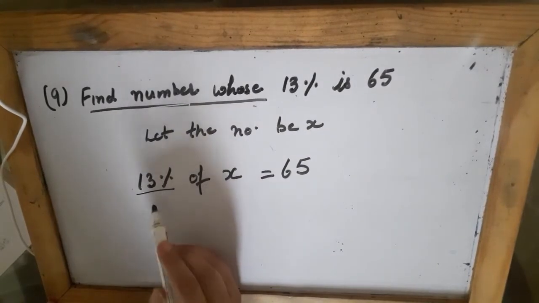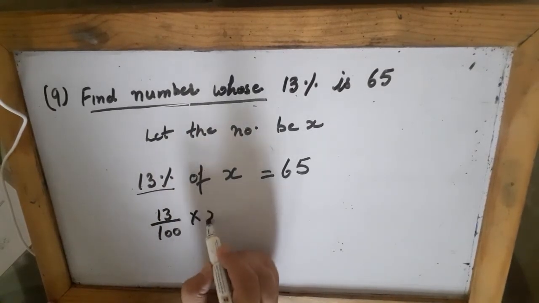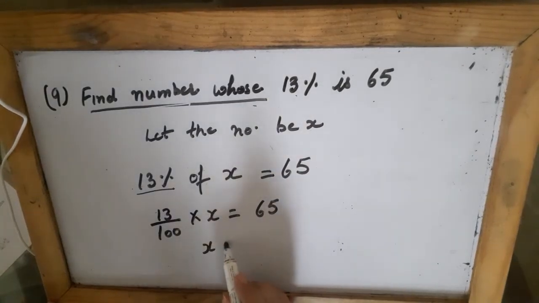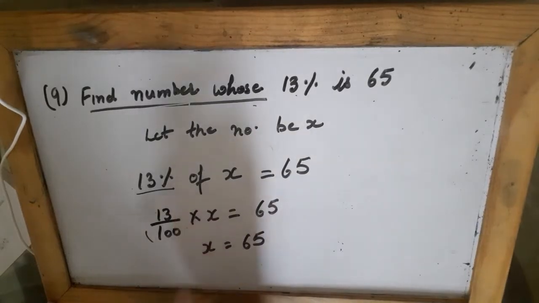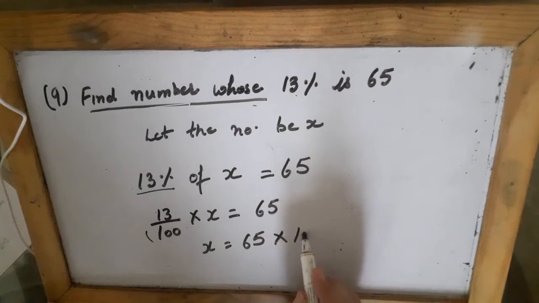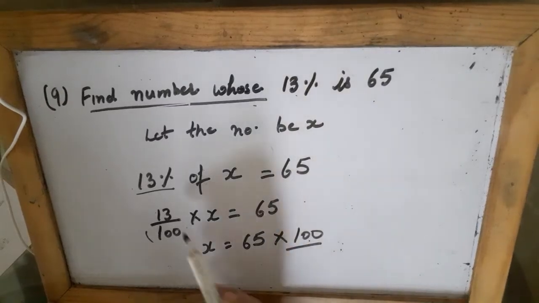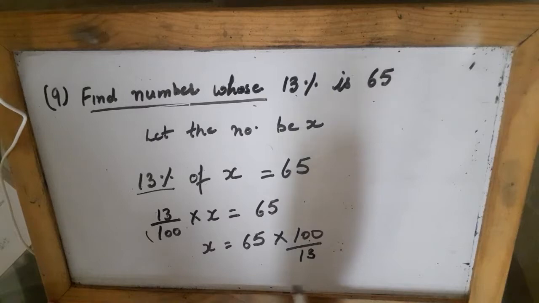So now 13%, I'll change this into a fraction. 13 upon 100, percentage means per 100, of x is equal to 65. Because I have to find x, I will shift this to the other side. There it will become a reciprocal. This divide will become multiply over there, and this multiply will become divide over there, right?